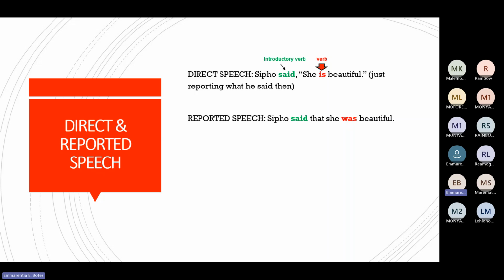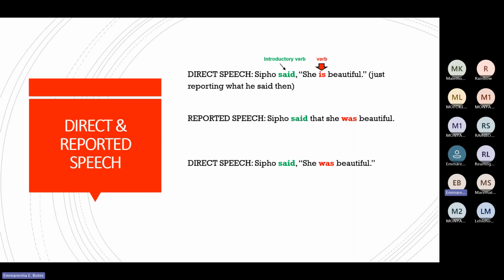Is will change to was because the verb will take a step into the past. It does not mean that she's not beautiful anymore, that she's now old or whatever. She's still beautiful, but we are reporting on Sipho's words.